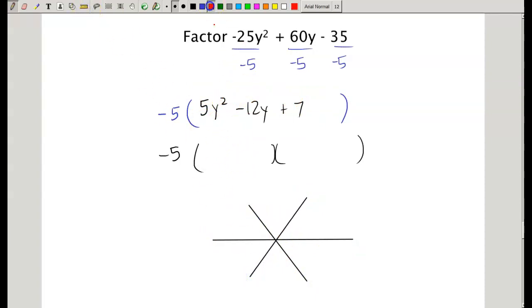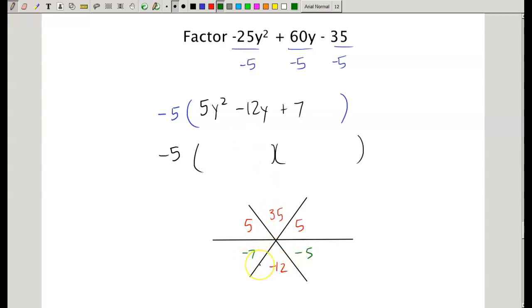So I'm going to go ahead and put, this is a 5 and a 5. This is 35 and this is -12. I want to think about adding up to -12 and multiplying to 35. So 7 times 5, right? 7 times 5 is 35. Since we need to add to -12, this is going to be -7 and -5 here.